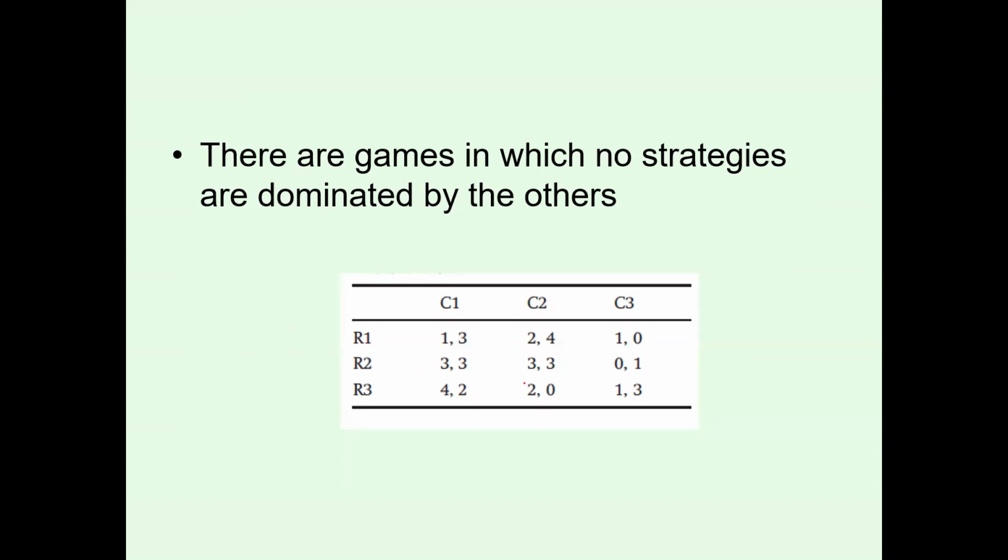We can remove it, because it is only weakly dominated. Okay. Now, compare R2 and R3: 4-3, 2-3. So we cannot remove either, because for C1, R3 is higher, but for C2, R2 is higher. So therefore, we cannot say that R2 dominates R3 or vice versa.